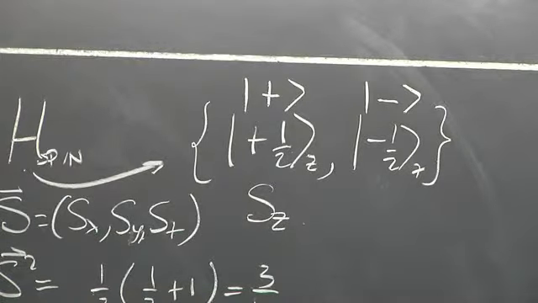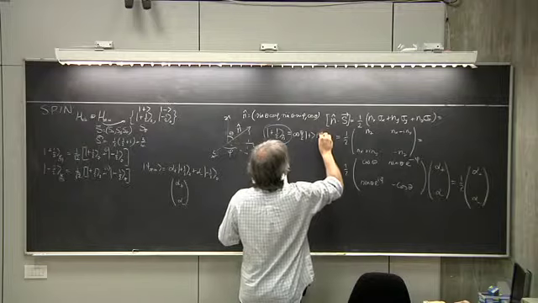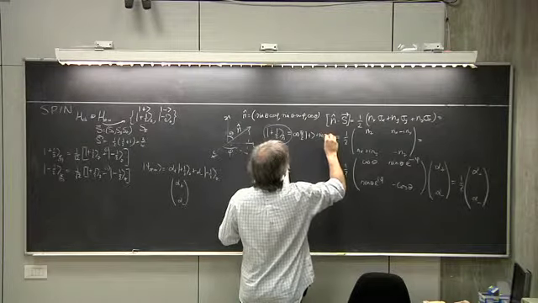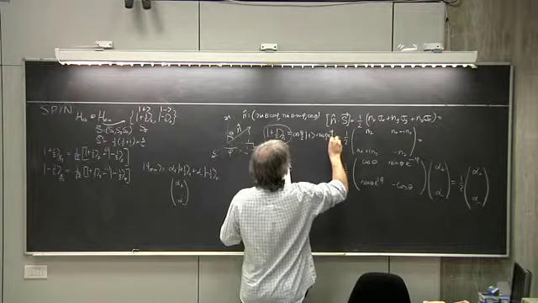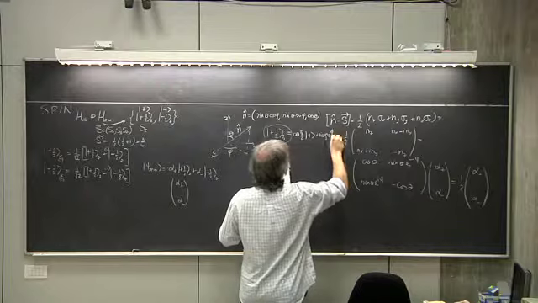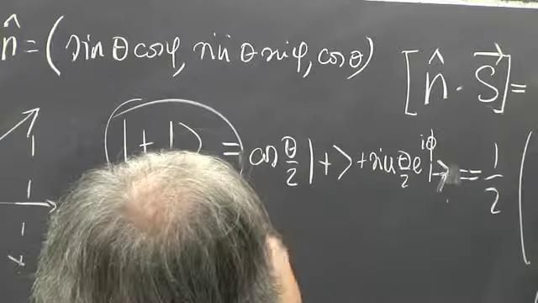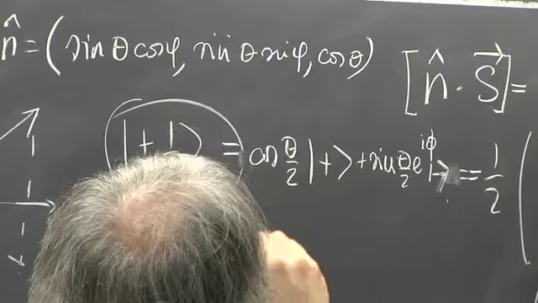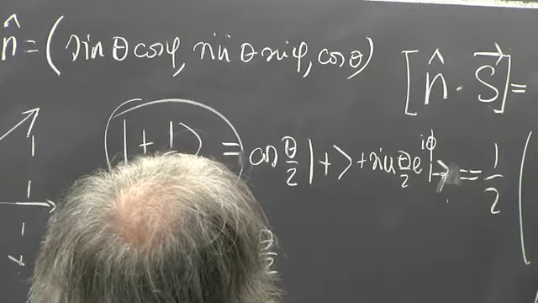So to make this short, this is cos theta over 2 plus, plus sine theta over 2 e to the i phi minus. In other words, the vector that I should put there is cos theta over 2, sine theta over 2 e to the i phi.